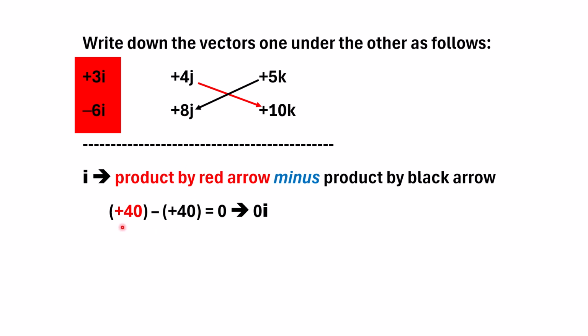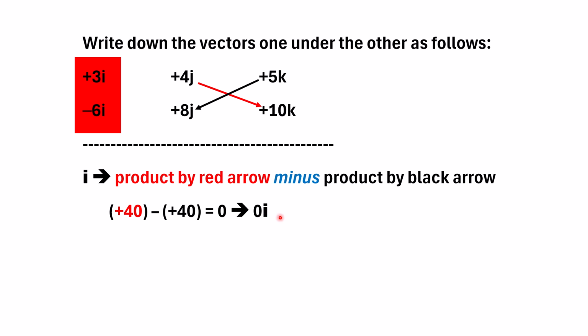Now don't worry about i, j and k, just take the magnitude. Product by red arrow is plus 40, plus 4 into plus 10, and the product by black arrow is plus 40, plus 5 into plus 8. So subtract this: 40 minus 40 is 0, so you get 0i.